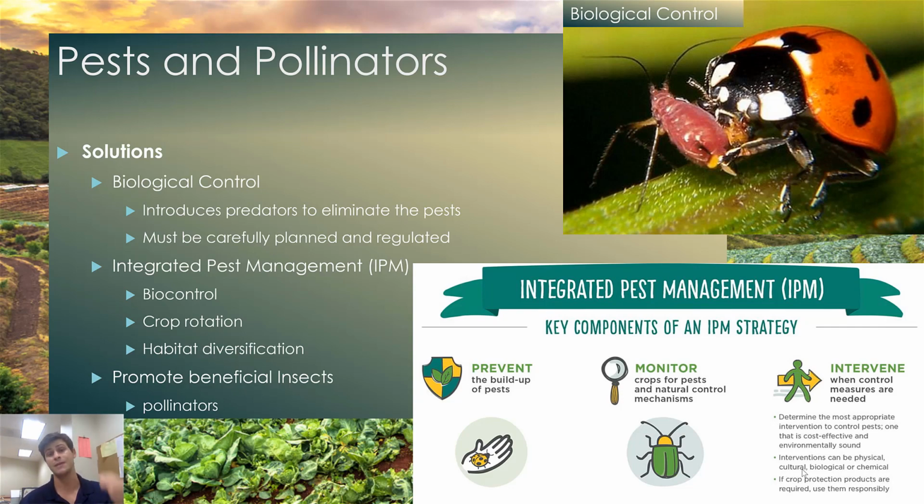This is an example of top-down control, introducing predators to control the abundances of herbivores and promote growth of vegetation. Think back to chapter 4 when we were looking at things like keystone species and trophic cascades. While ladybugs aren't necessarily keystone species, predators like them do a really great job in controlling pests, or those herbivores that eat our food.